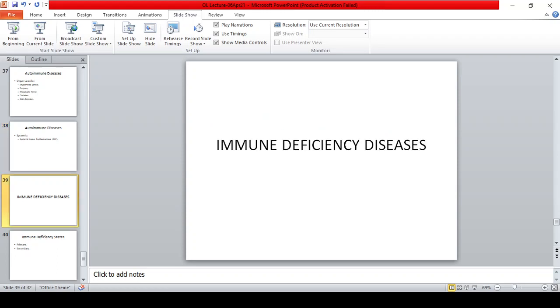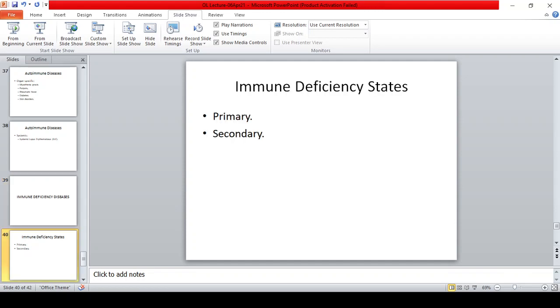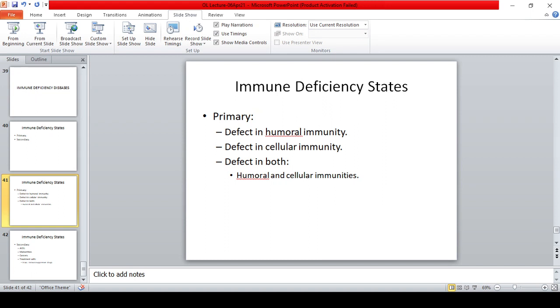Lastly, the immune deficiency diseases. Immune deficiency diseases may be primary and secondary. The primary may result from defect in humoral immunity, or defect in cellular immunity, or defect in both humoral and cellular immunities.